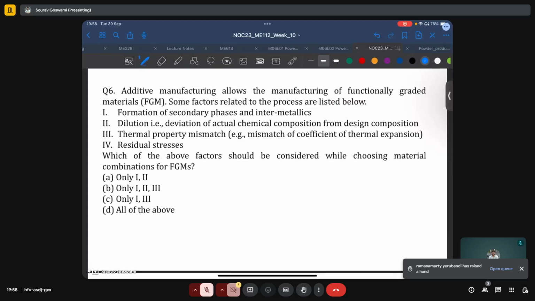Typically, the formation of secondary phases, which are generally of a deleterious nature, or other undesirable intermetallics, may be expected. And so, while choosing two different materials to combine into an FGM, of course, we'll be driven by the end application or the end need. But this consideration of the formation of secondary phases has to be taken into account.